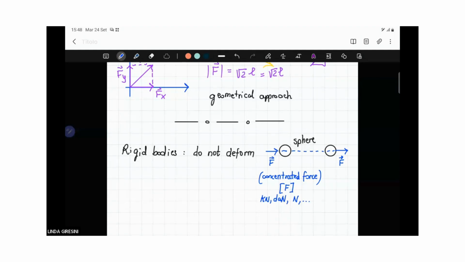So this kind of situation is called that the force is a sliding force. So the force can slide without changing its effect on the rigid body.